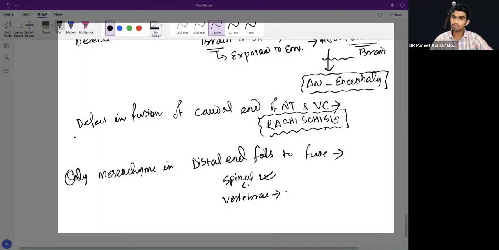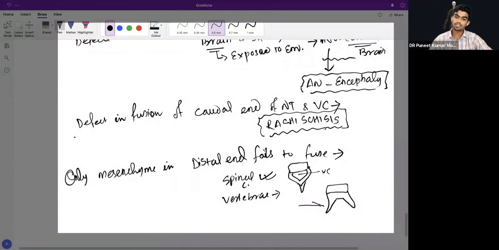is not fused. So there should be a single spine like this of the vertebra. This one is the vertebral canal. This should be the single spine like this. But here, this is the body of the vertebra. Both the spines are not fused and the spines are open like this.